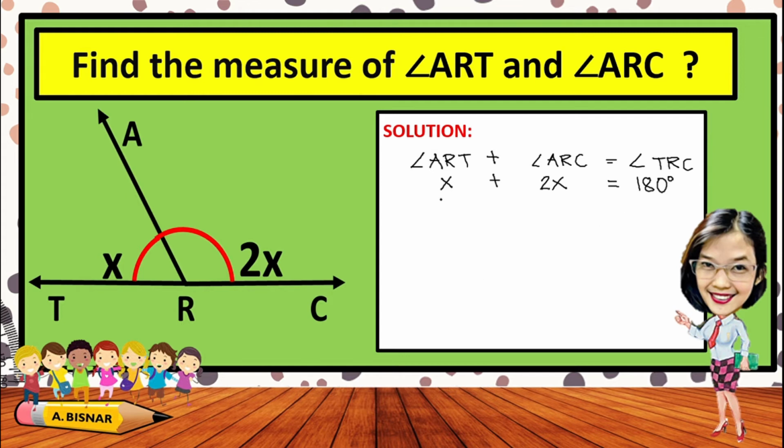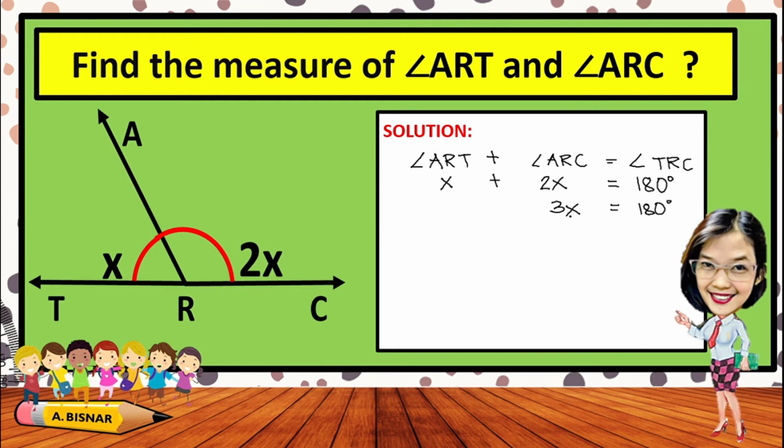So from here, we have to solve the value of x. We need to combine similar terms. x plus 2x, the answer is 3x. Bakit? Dahil ang x na ito ay may numerical coefficient na 1. So 3x is equivalent to 180 degrees.